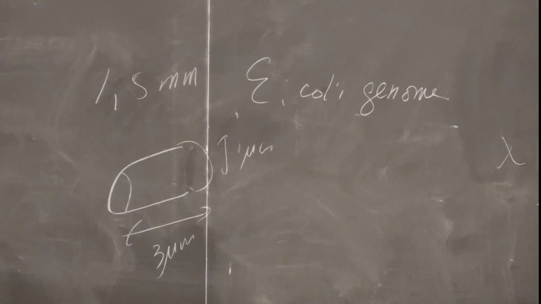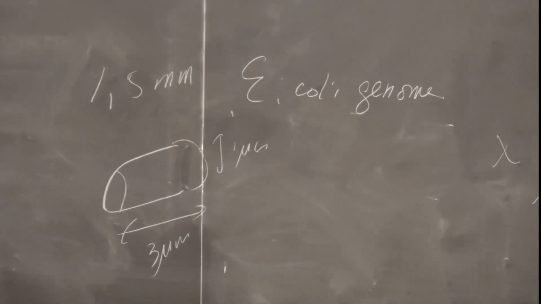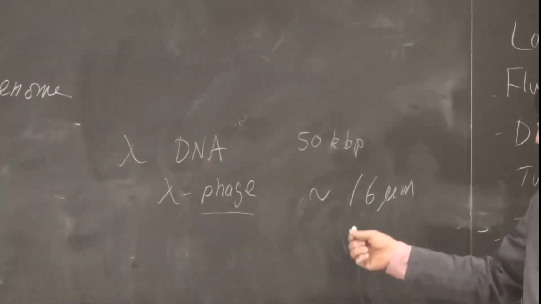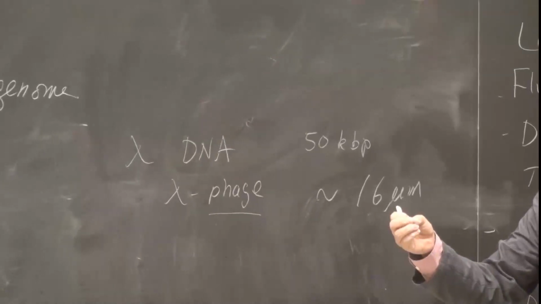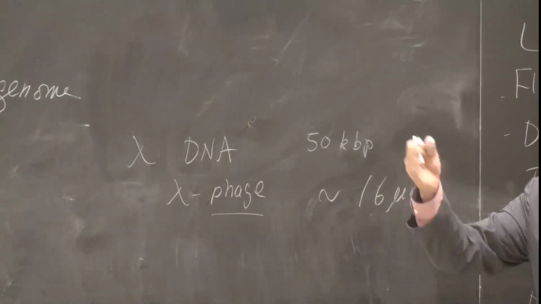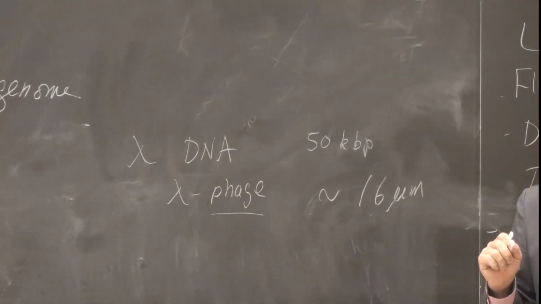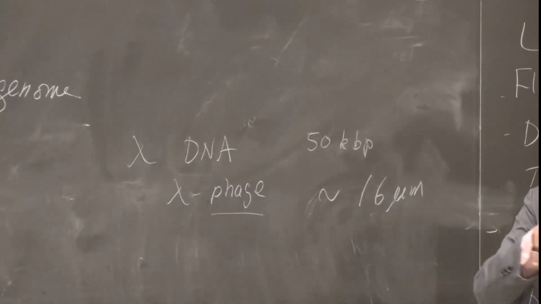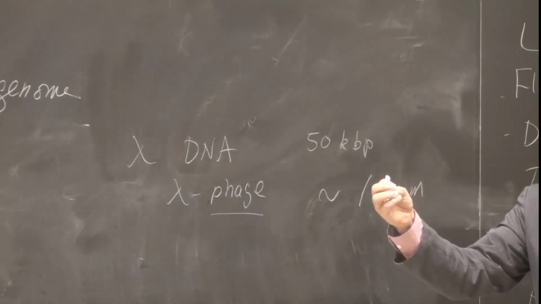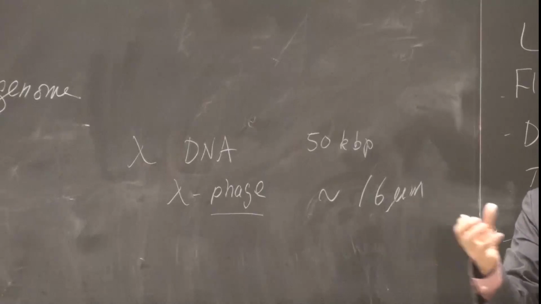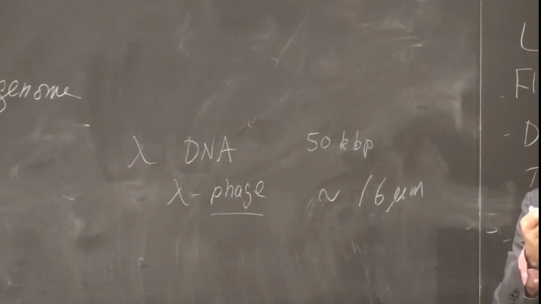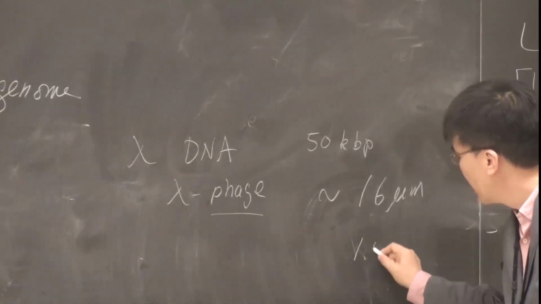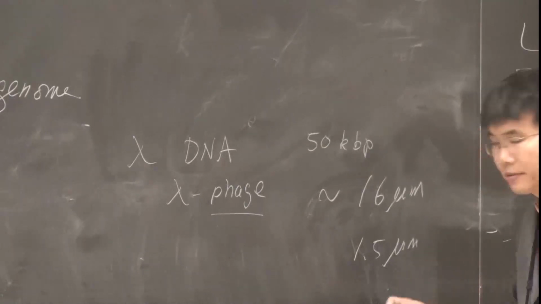Now, DNA has a property such that if you have 16 micrometer long DNA and you let it be in solution, it does not stay in this stretched conformation. It collapses. It becomes like a spaghetti ball. The average size becomes about 1.5 micrometers.